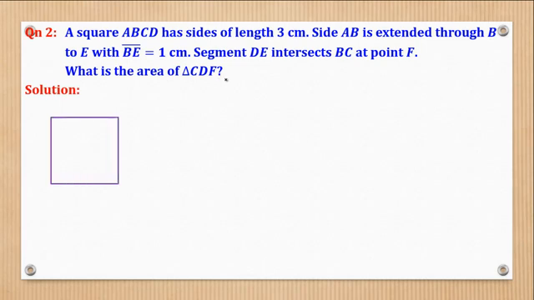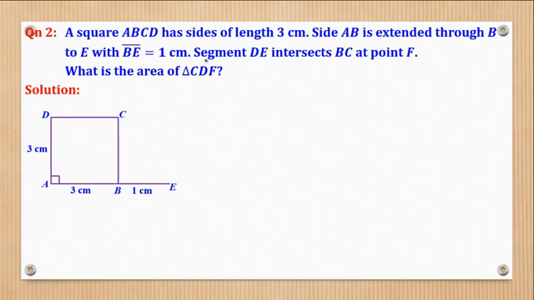So the first thing to do is to make a sketch of the square ABCD with sides 3 centimeters. Then they said side AB is extended through B to E, so we shall elongate it to meet point E. And they said BE is 1 centimeter.